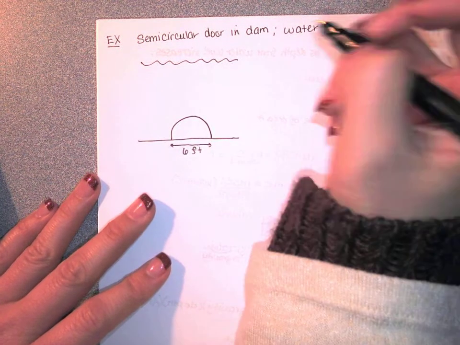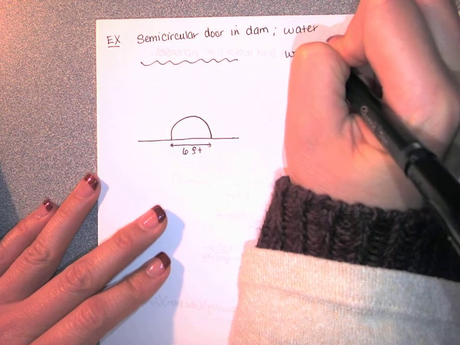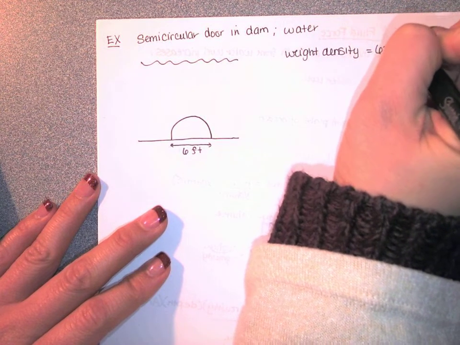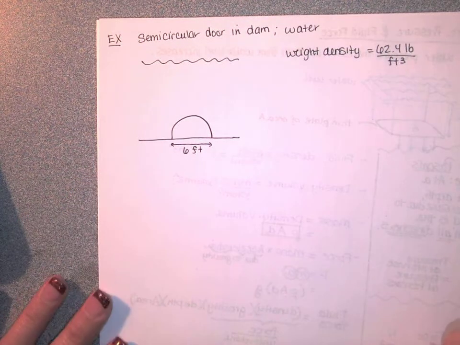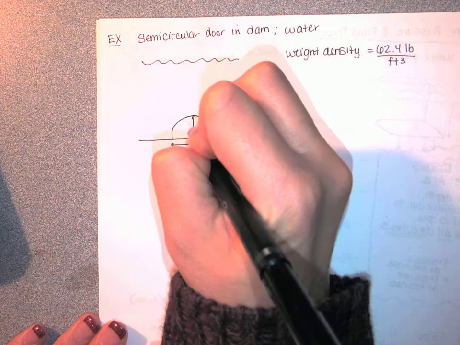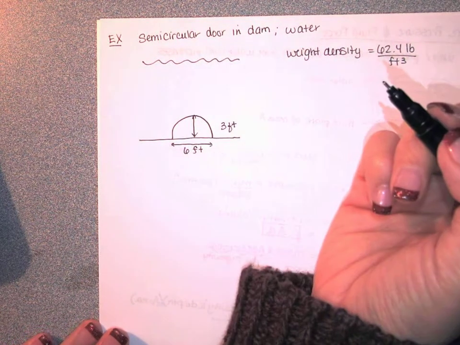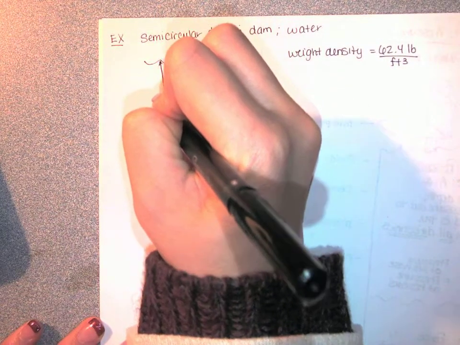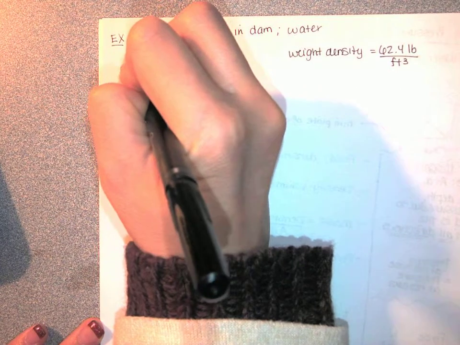And water has a weight density, that's force per unit volume, of 62.4 pounds per cubic foot. So if this is 6 feet and it's a semicircle, then we know that this is 3 feet. And they also have to tell us how far underwater it is. So maybe they're going to say this is all 20 feet underwater.